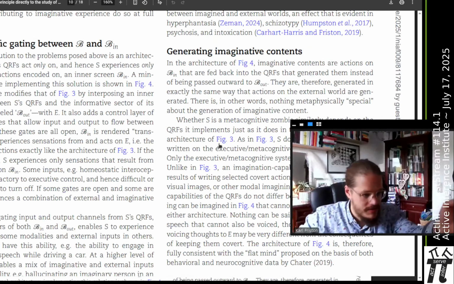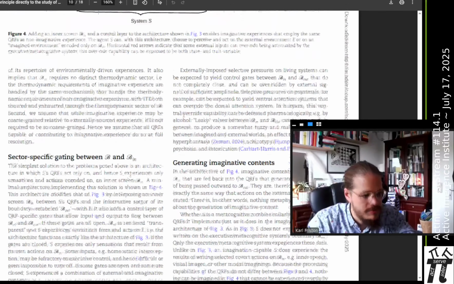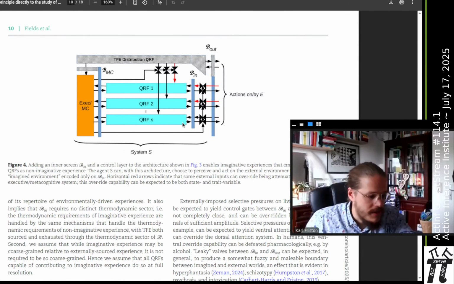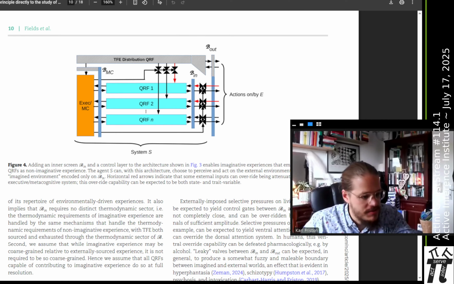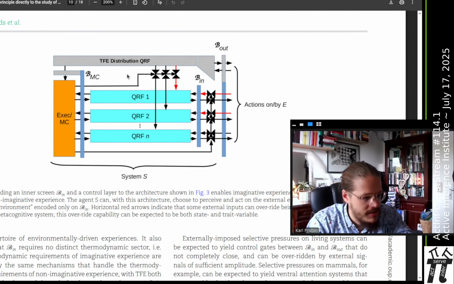Can you stay there on the figure 4? Every quantum reference frame has an in and outside connection to the executive or metacognitive screen, but the thermodynamic free energy distribution quantum reference frame, the top one, has only an input. The output is then through valves that co-regulate, I guess, the quantum reference frame activation.